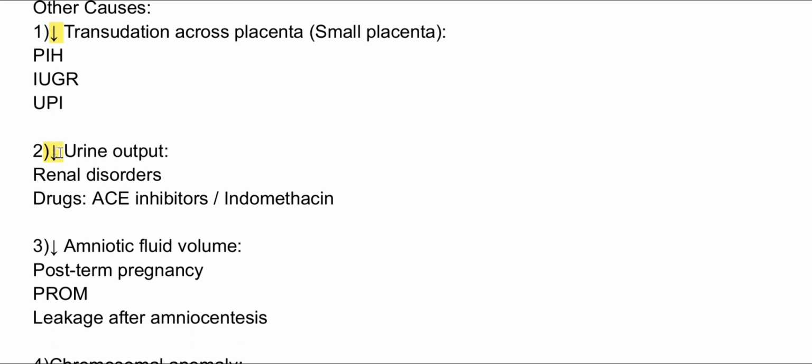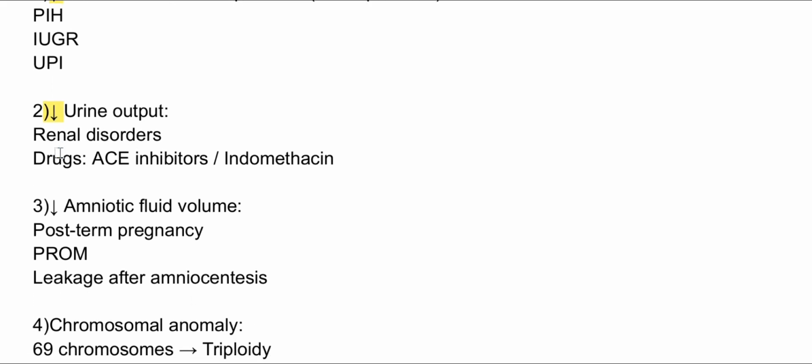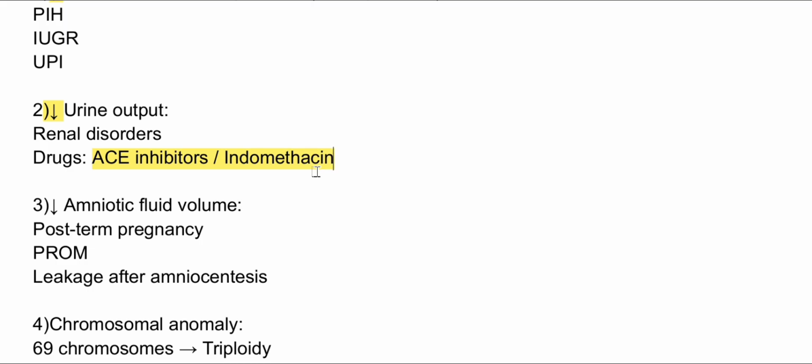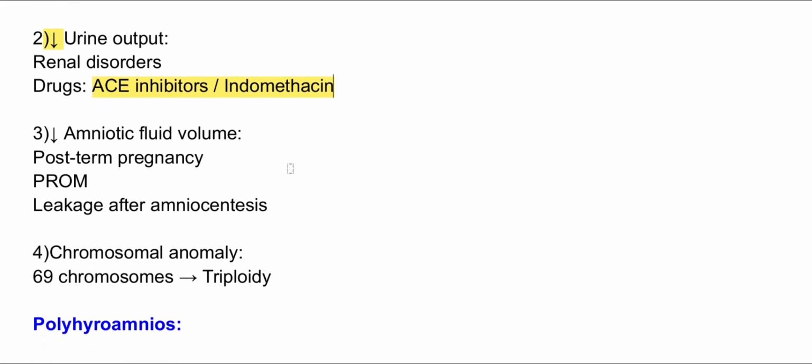Decreased urine output can be because of renal disorder and drugs like ACE inhibitors and indomethacin. Hence, indomethacin is a drug which can cause oligohydramnios, so we can use it as a treatment of polyhydramnios to reduce the amniotic fluid.